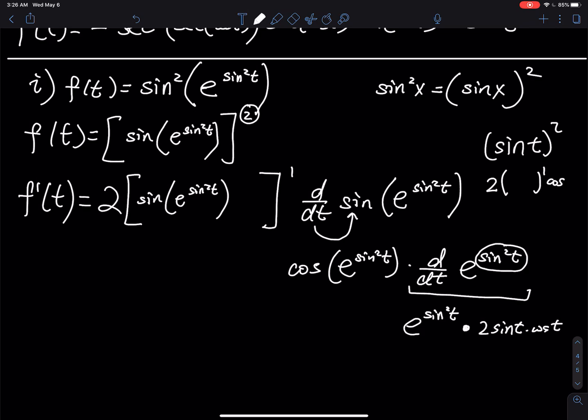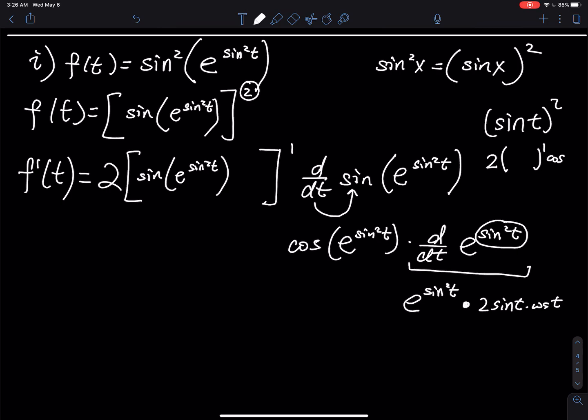So let's bring everything down. So overall, let's put it in this way. You have sine square of e sine square t. Okay, so that is one piece.